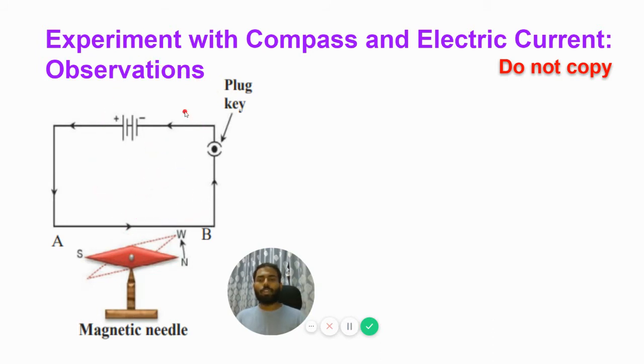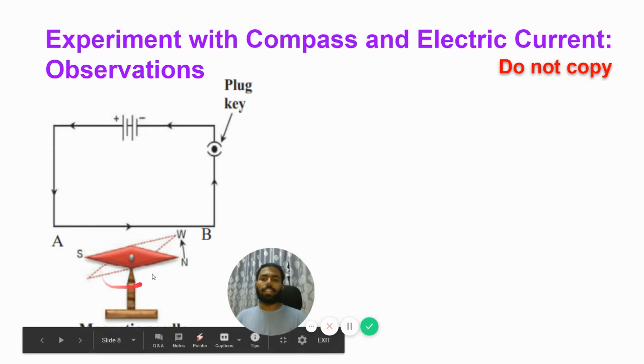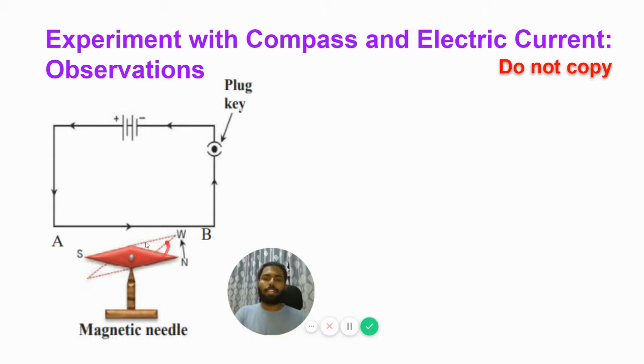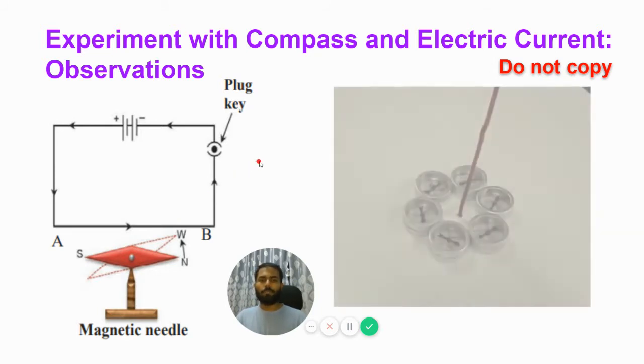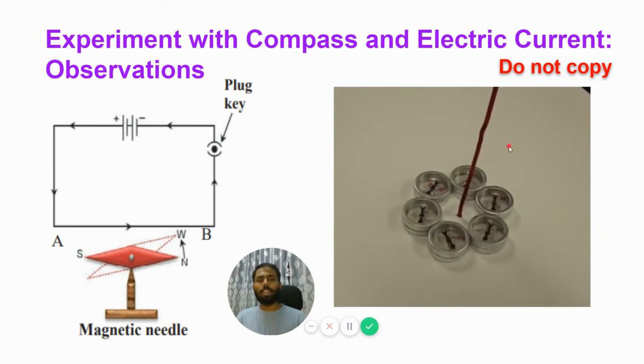So what I'm also going to do is I'm going to bring a magnetic needle, or you can bring a compass. Compass के अंदर जो needle होता है, that is magnetic needle. So I'm going to keep a magnetic needle near the conducting wire. Okay, and then when I plug the key, I'm going to see if there is any change in the magnetic needle. Okay, so when you actually do this, what you are going to find here is, यहाँ पे देखो, as the plug key is put in, यानी switch on कर दिया, then current will start flowing through this wire.